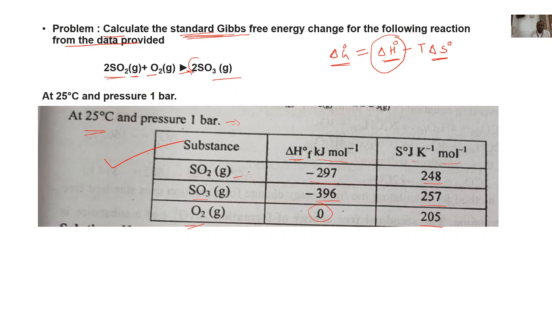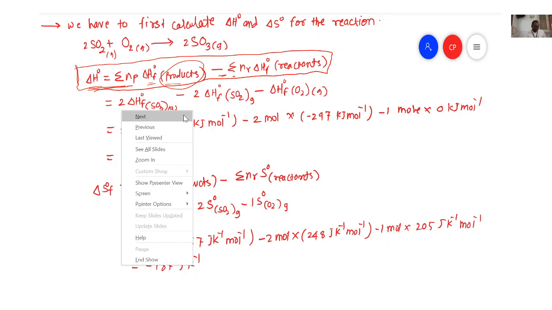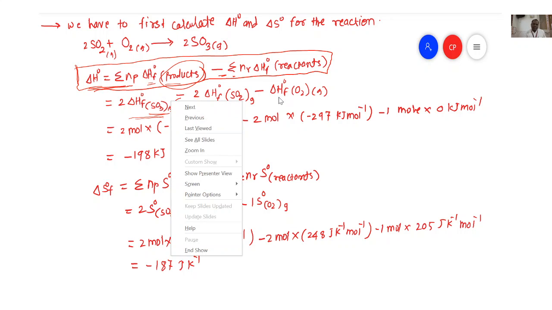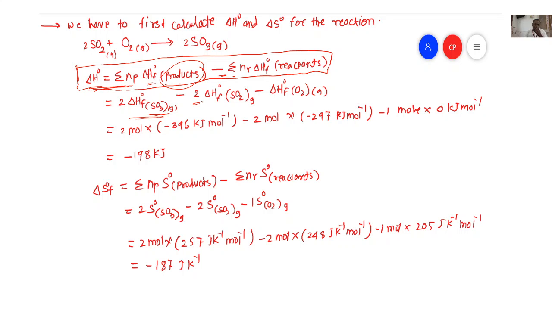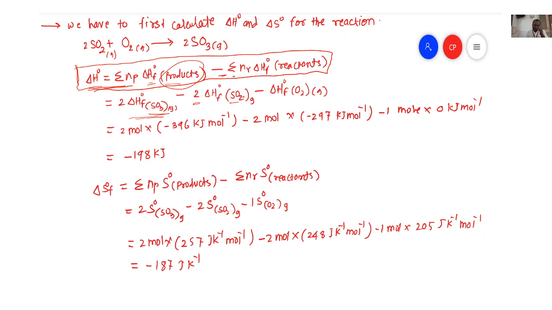Since there are 2 moles of product molecules, therefore 2 moles of product multiplied by the standard enthalpy of formation of the product, minus 2 moles of SO2 gas. This one is the reactant, 2 moles of SO2 are there. SO2 is the reactant. Minus, why minus? Again one more reactant is there.